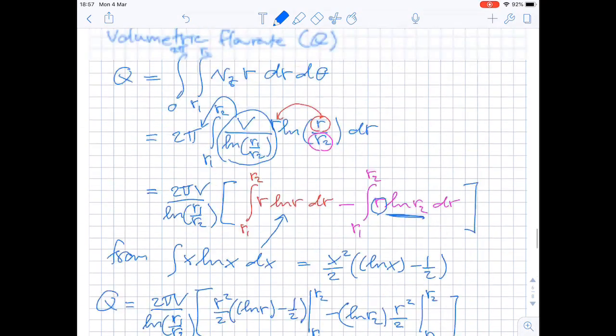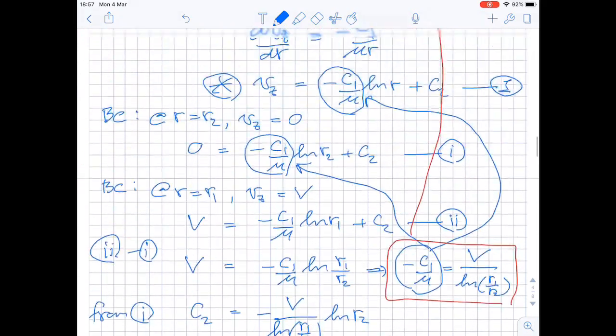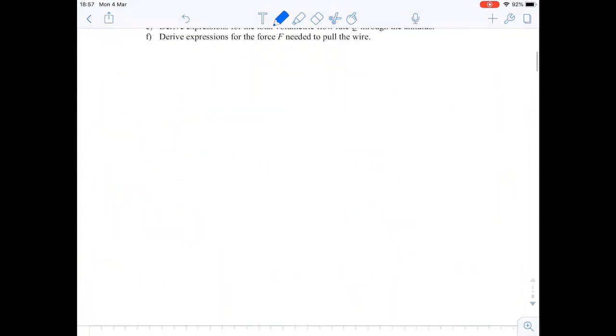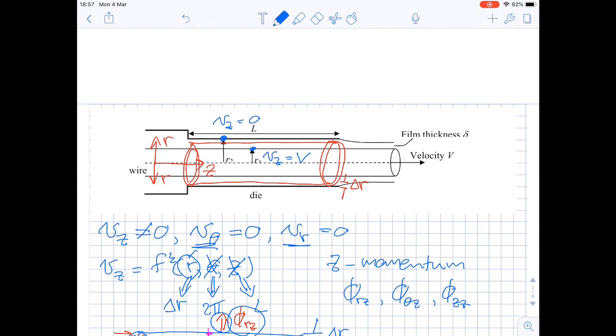And the area, if you go back to the picture, is supposed to be the surface area of the rod. The surface area of the rod can be calculated based on the circumference of the wire multiplied by the length.